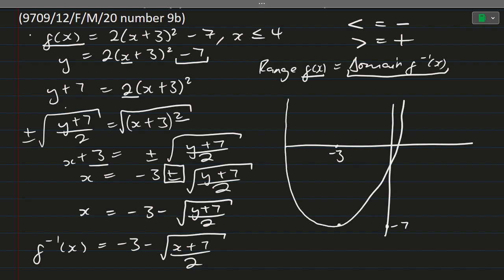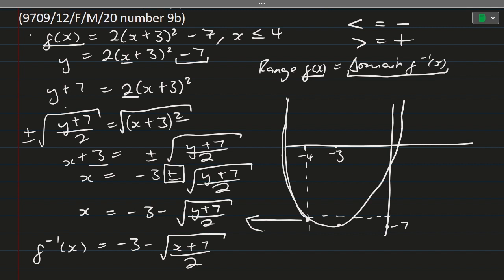And we know that our domain is x is less than or equal to negative 4. So it means we're taking this point going onwards to the left. So it's this part of the curve that we want. And we need to find what the y value here is.